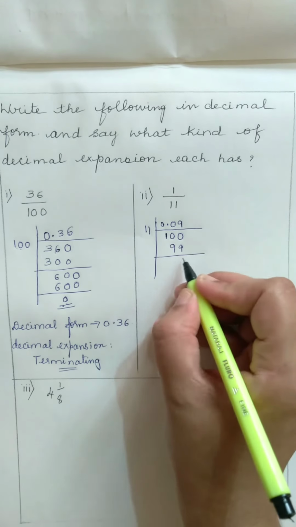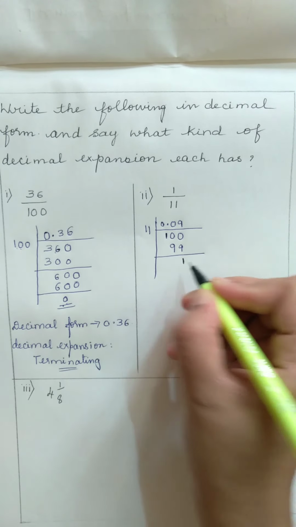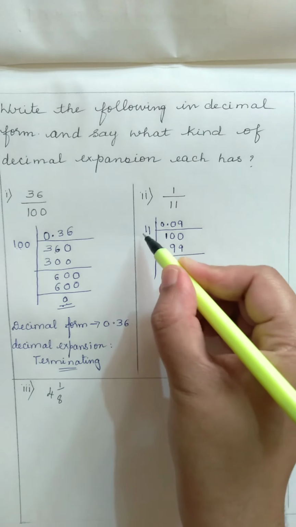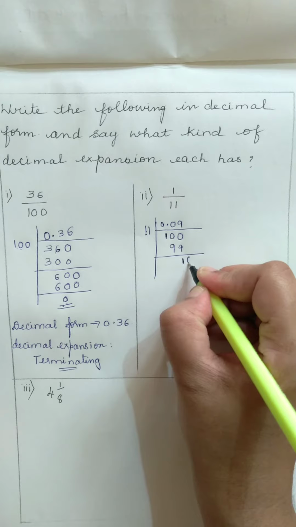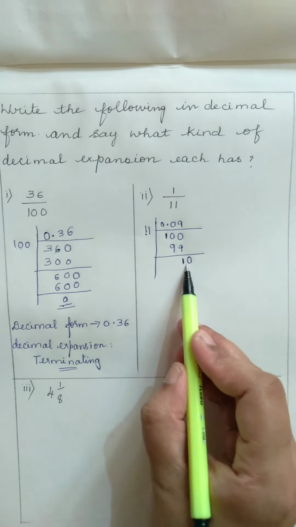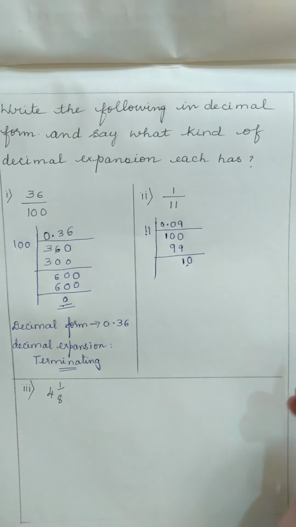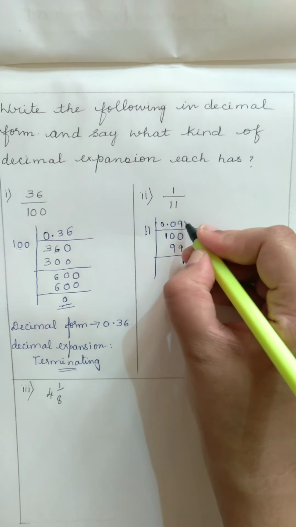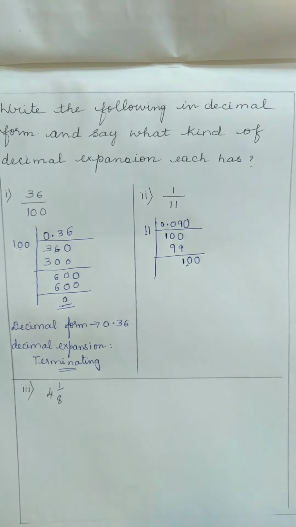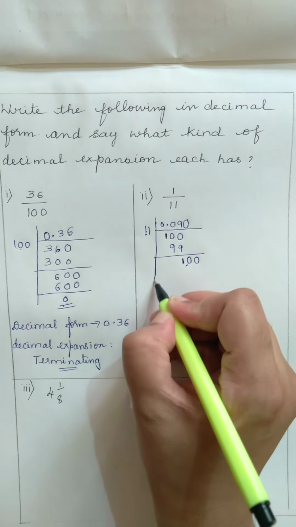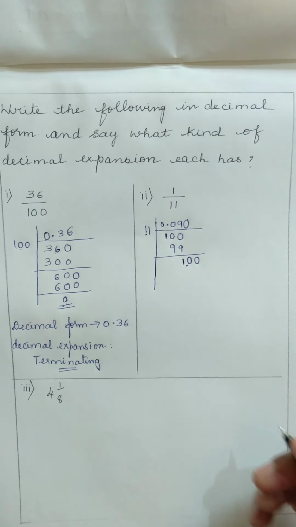So we know that 11 9s are 99. Therefore 100 minus 99, 1 is remaining. Now 1 is lesser than 11, so take 0. Again this 10 is lesser than 11. So put 0 here, take 0. Now 100 is greater than 11.